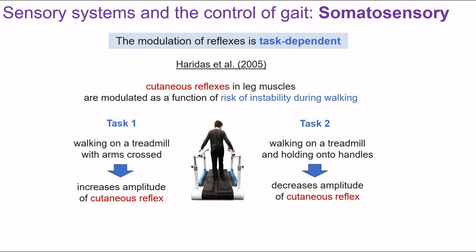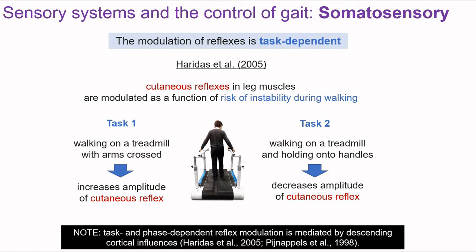In the second task, they observed a decrease in the amplitude of cutaneous reflex responses. As a side note to this research, both task and phase-dependent reflex modulation is mediated by descending cortical influences.